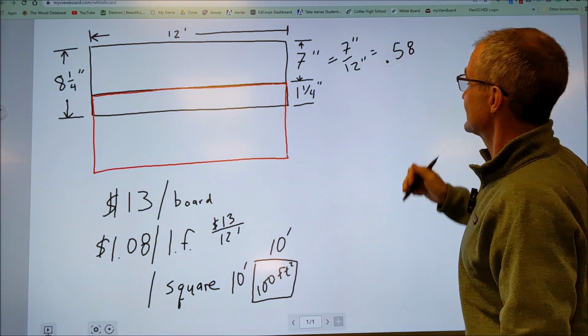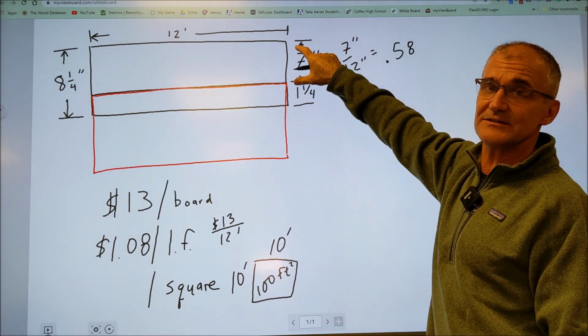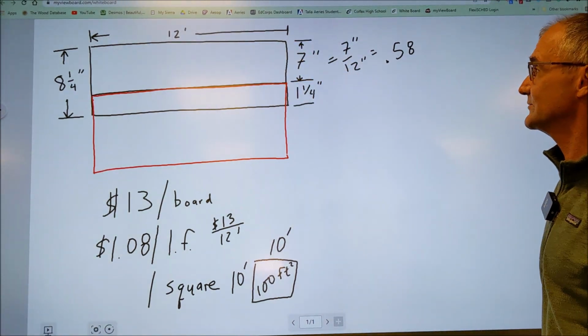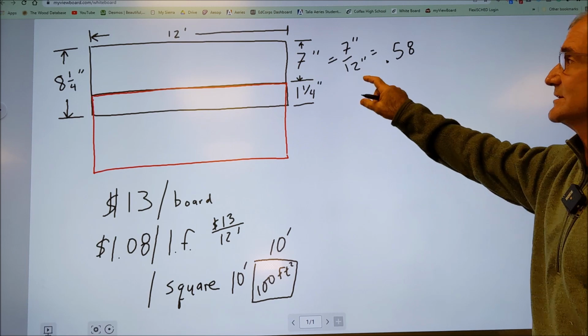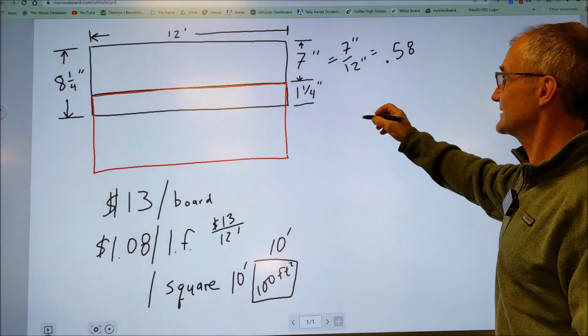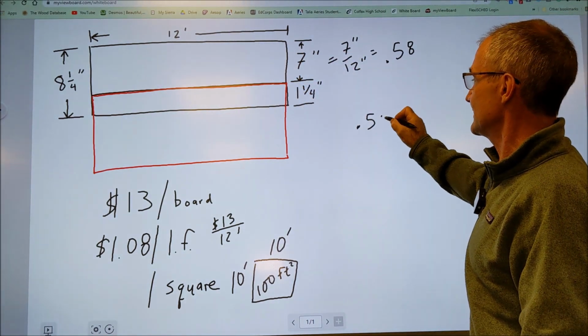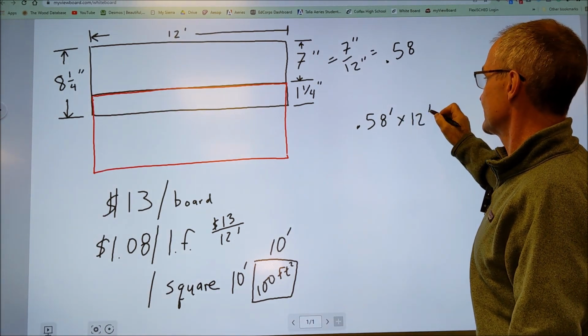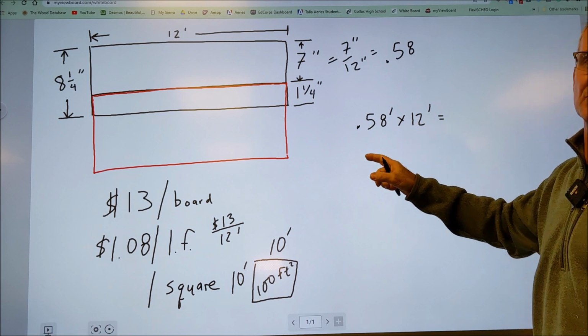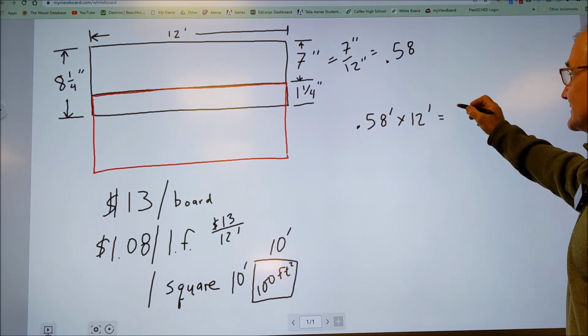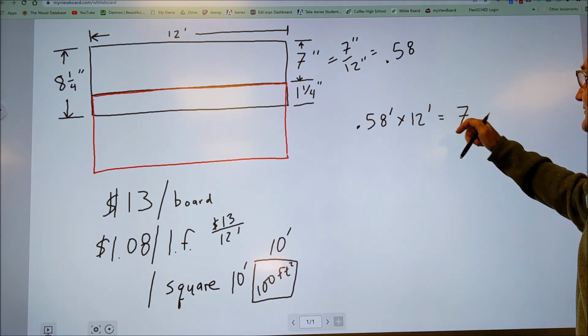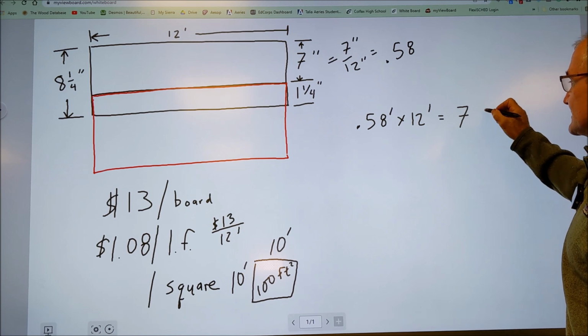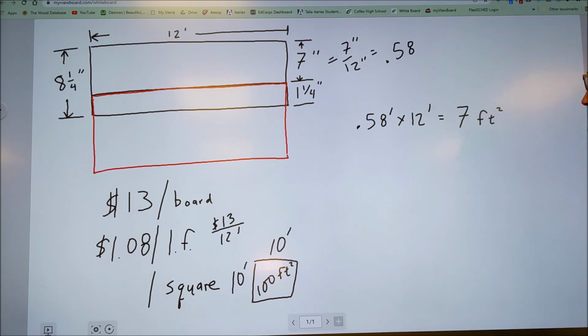So that means I'm going to have 0.58 feet by 12 feet exposed. So I'm going to figure out the square footage exposed. So I'm going to now take the 0.58 feet of width times the 12 foot of length to get the total number of square feet, and I get 7. Again, I have feet times feet, so I have 7 square feet.